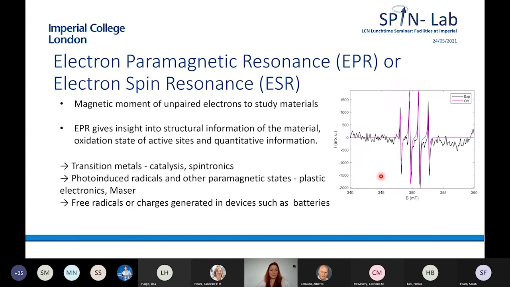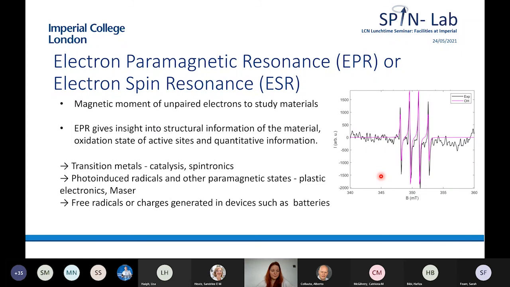A second system and technique that is available in the Spinlab is electron paramagnetic resonance or electron spin resonance, also known as EPR or ESR. This technique makes use of the magnetic moment of unpaired electrons to study materials. EPR can give insight into structural information of the material, oxidation state of active sites, and quantitative information.